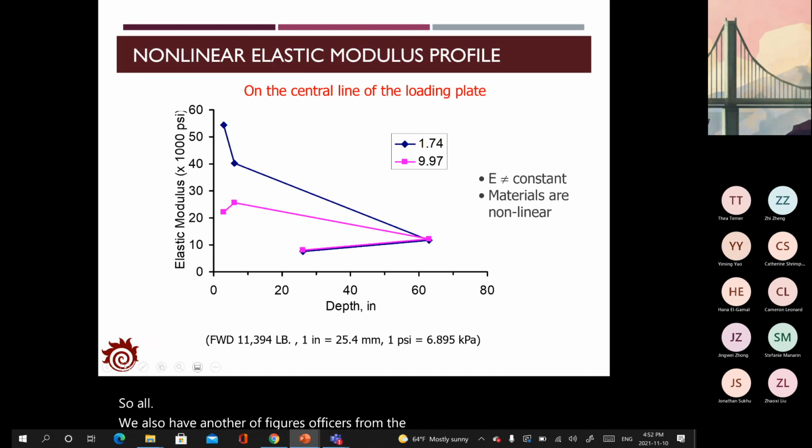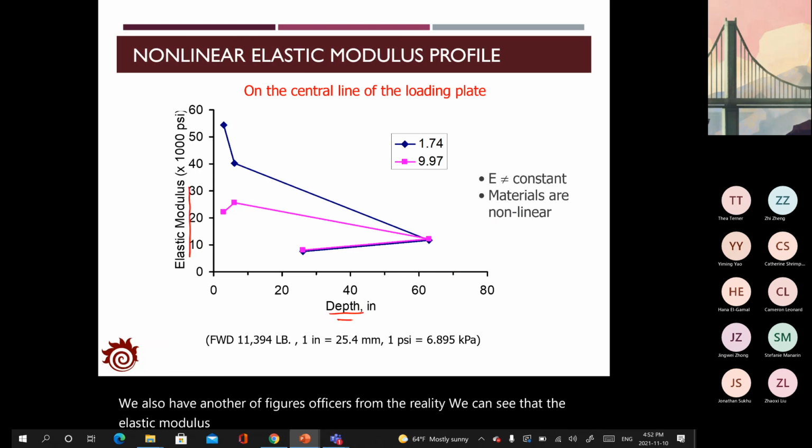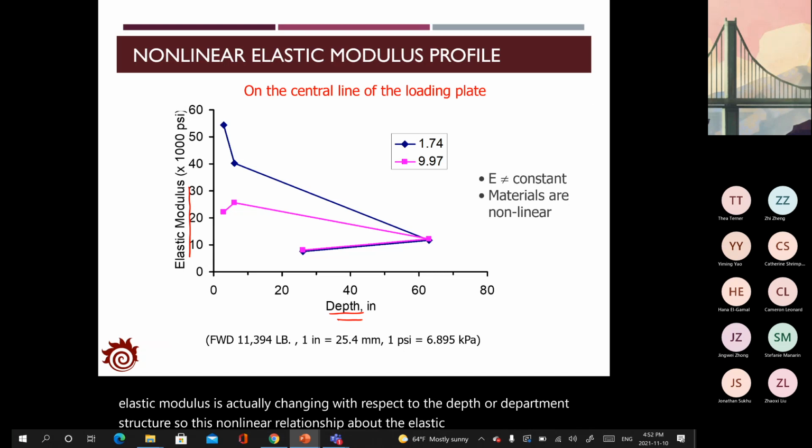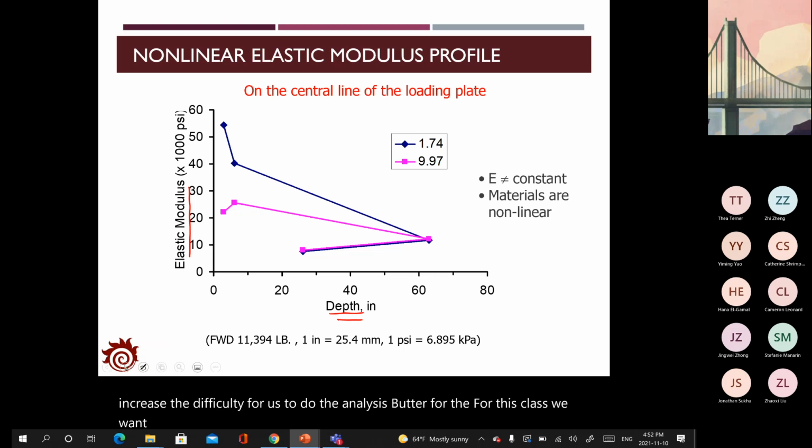We can see that the elastic modulus is actually changing with respect to the depth of the pavement structure. So this nonlinear relationship about the elastic modulus further increased the difficulty for us to do the analysis. But for this class, we want to start with some simple case.